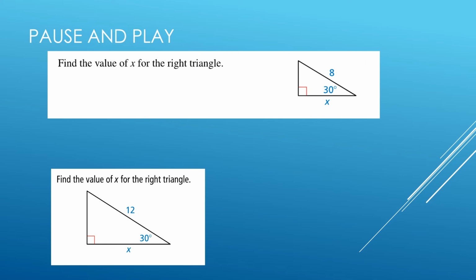All right, so in this case, from the angle, we have the adjacent. This is adjacent, and this is hypotenuse. Adjacent over hypotenuse is cosine. So our problem is going to be cosine of 30 degrees equals x over 8. To solve that, we multiply by 8 on both sides.